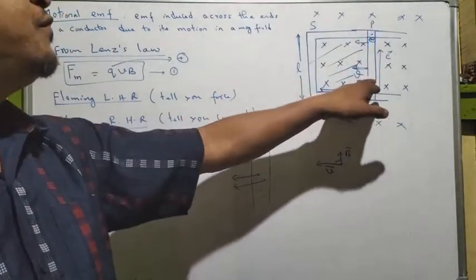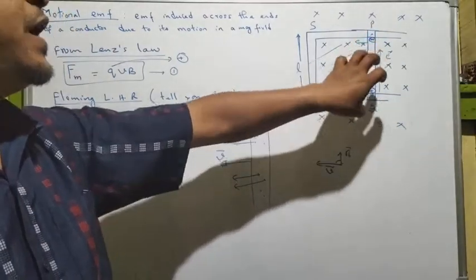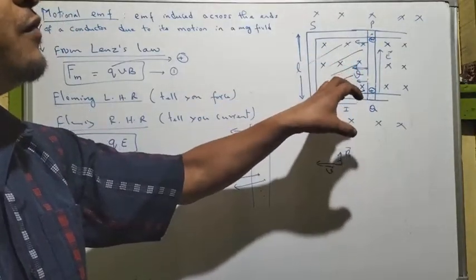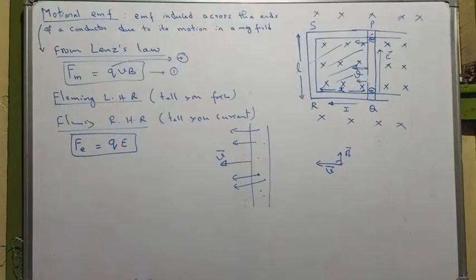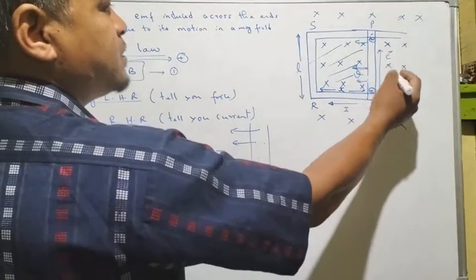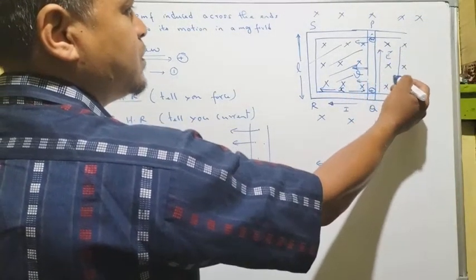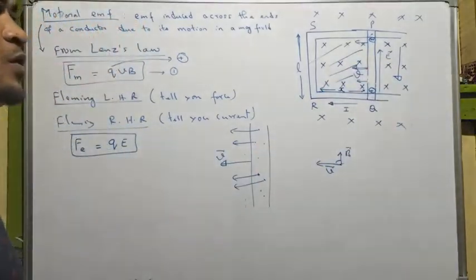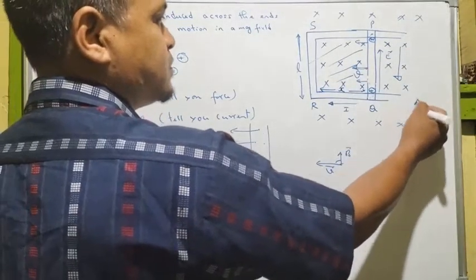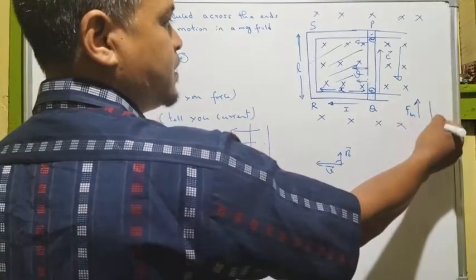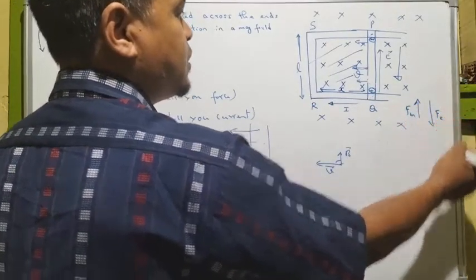But here the charges under the influence of the electric field are electrons. So these electrons will experience an electric force in the downward direction. Okay, so please note this down. Magnetic force, it is F. Electric force, it is down.